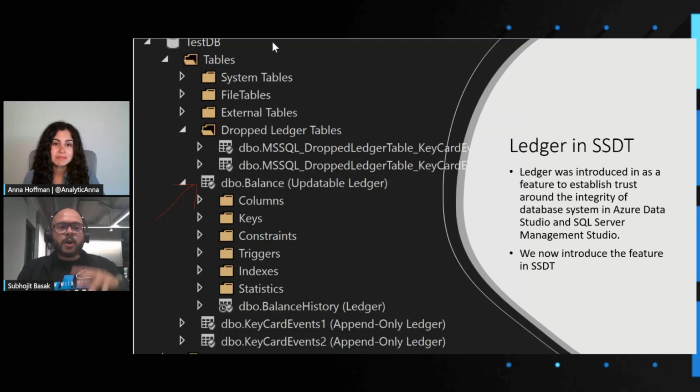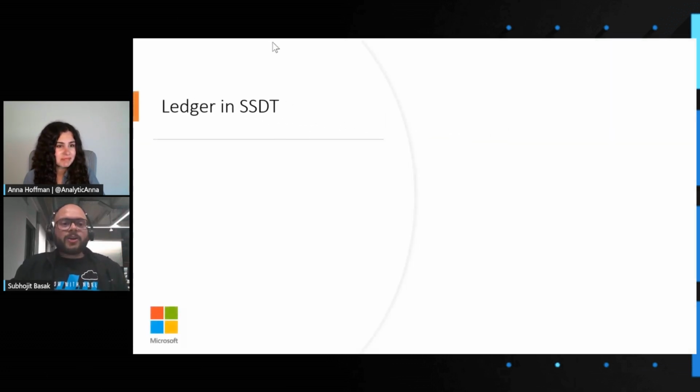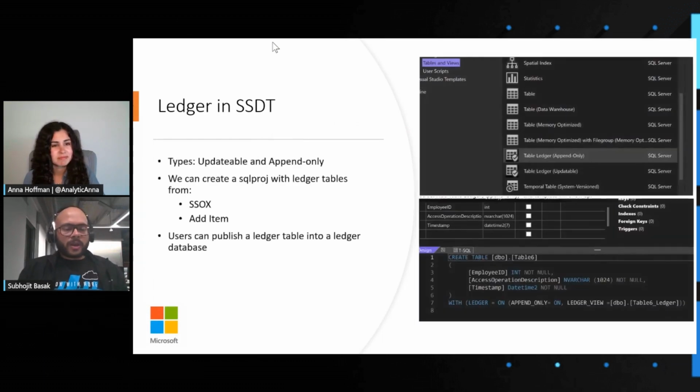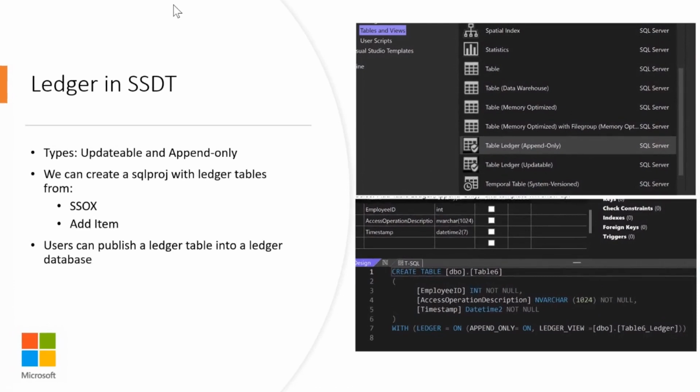in SSDT. When you open SSDT, if you have created the Ledger in some other system, you can navigate your Ledger tables in the SSOX and check all the Ledger tables and their functionalities there. Not just that, we have included both the types of Ledger table, updatable and append only, in SSDT. You can create a SQL proj with Ledger tables from SSOX.